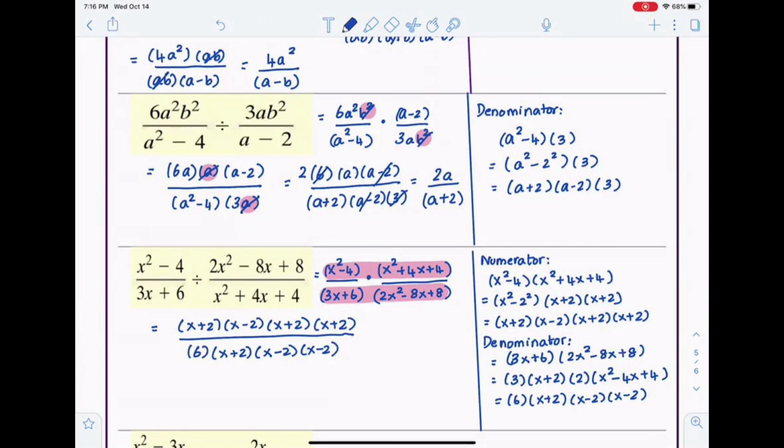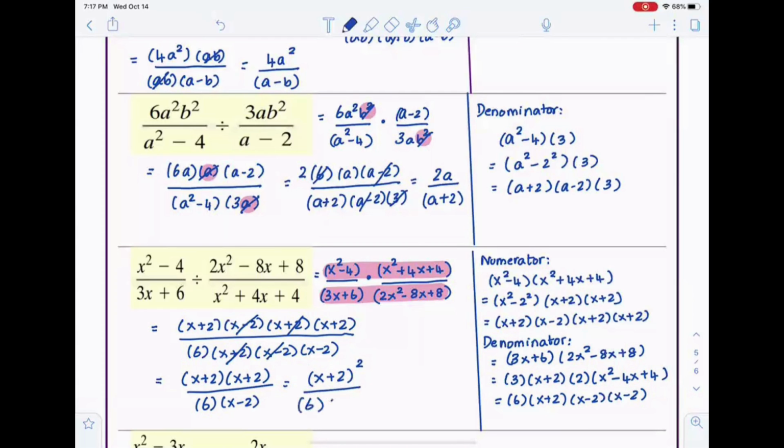Well, looks like we can cancel those two terms, x minus 2, and there is an x plus 2 in common, so we could cancel that. And there is nothing else to cancel, so we have x plus 2 times x plus 2 divided by 6 times x minus 2. X plus 2 times x plus 2 is x plus 2 squared divided by 6 times x minus 2. And that would be the final answer.